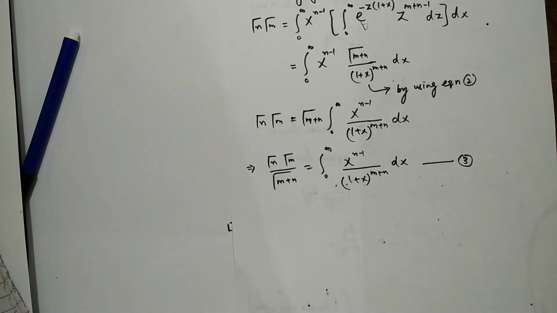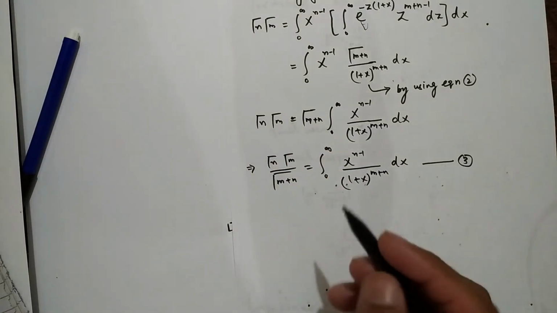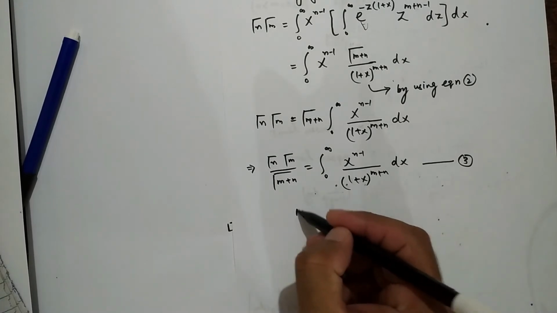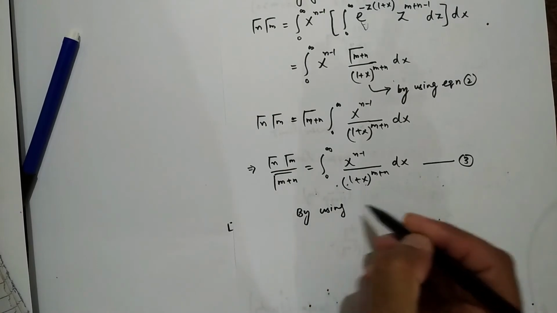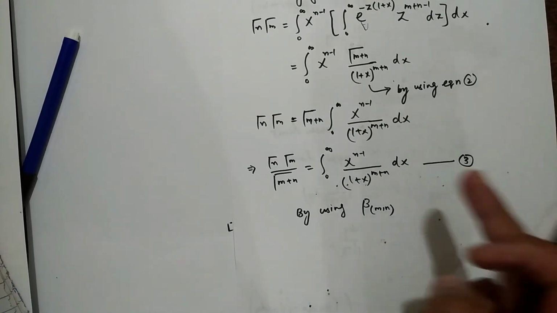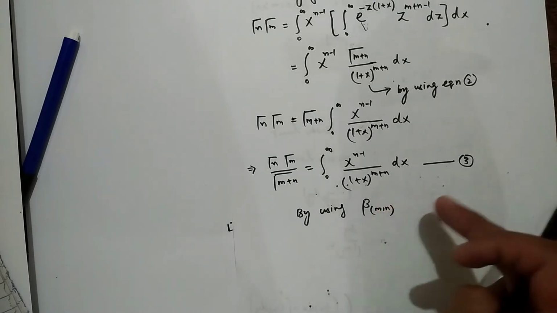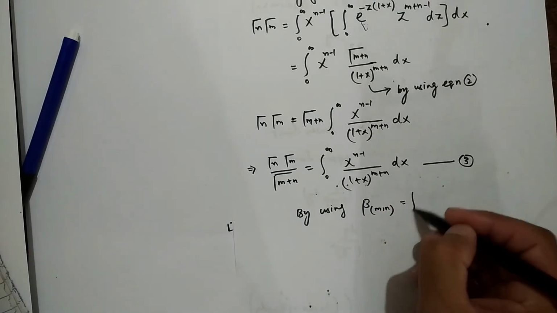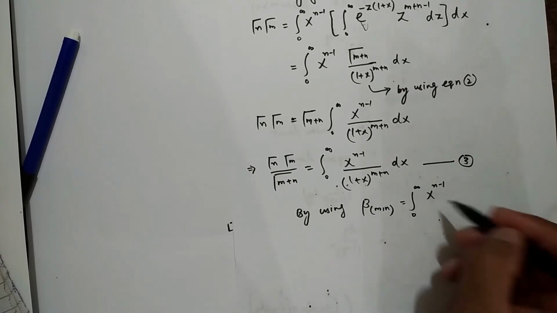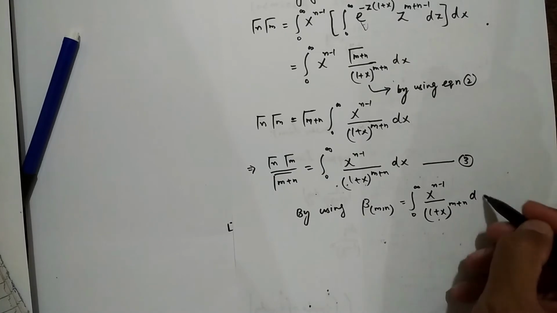Now, if you students remember, in the previous lecture of beta function we had a property. We proved this transformation of beta function by using beta mn. In that lecture we had these constants as lm, but here instead of that we have mn, and that was equal to integral from 0 to infinity x to the power n minus 1 upon 1 plus x whole to the power m plus n into dx.